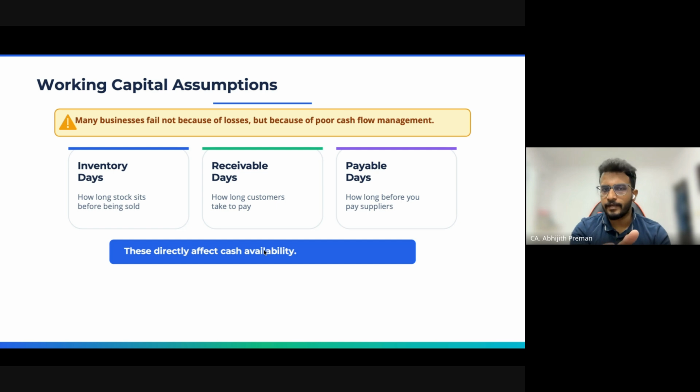These are again examples. I have given 3 examples there. One is the inventory days. For example, if you are in an inventory based business, how long stock sits before being sold? So, for example, typically people follow a standard protocol of say 2 months of stock.